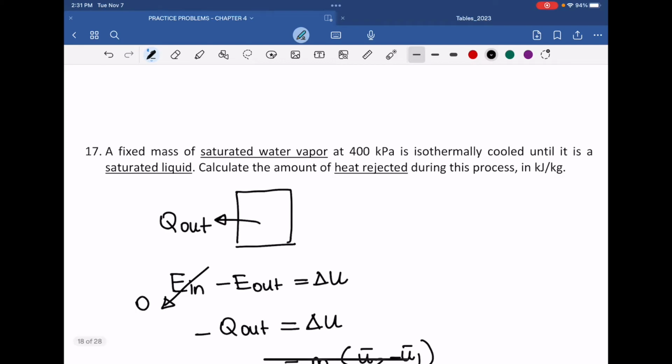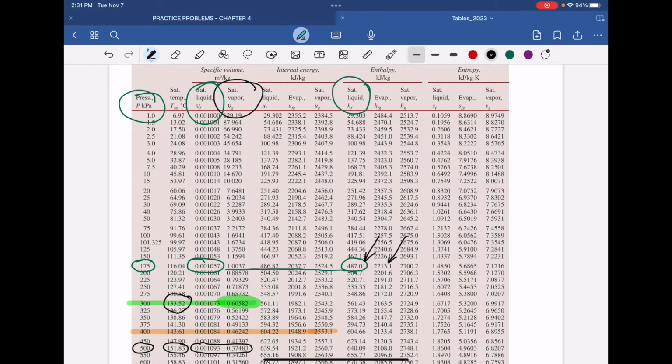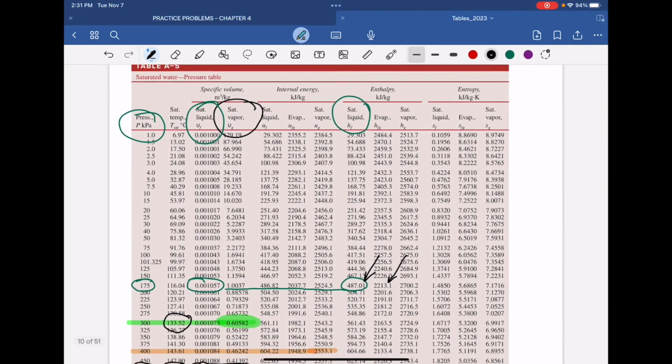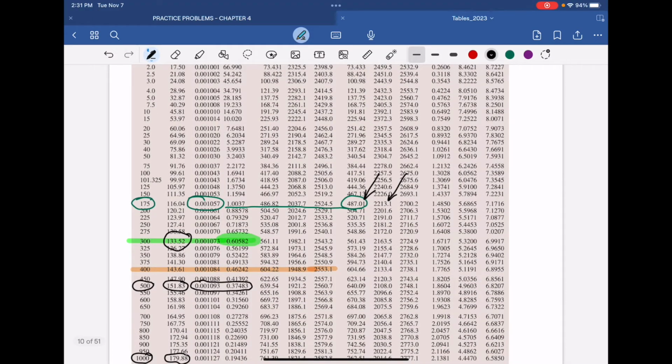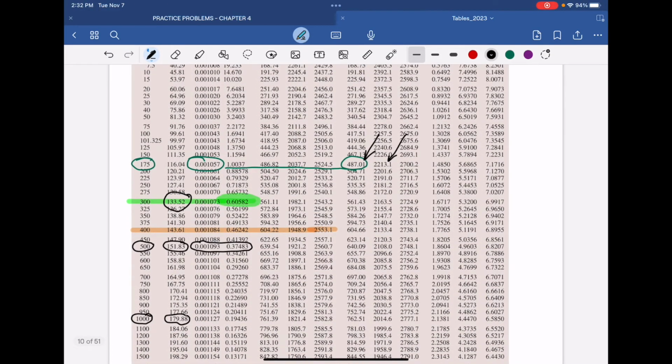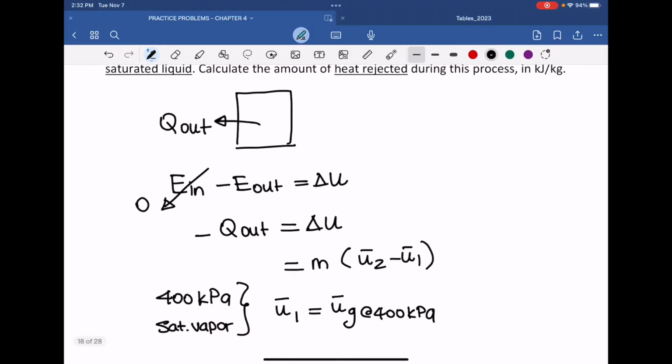Okay, making sure we are at the water table, and 400 kilopascal, we can read that value. And of course this was U1.